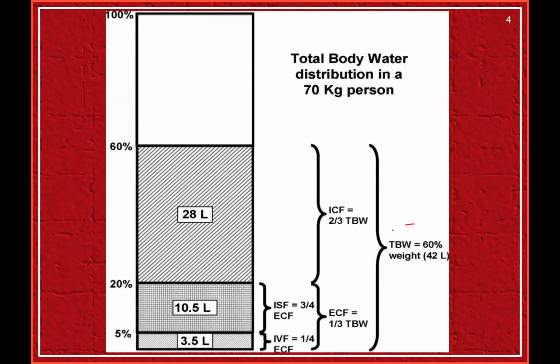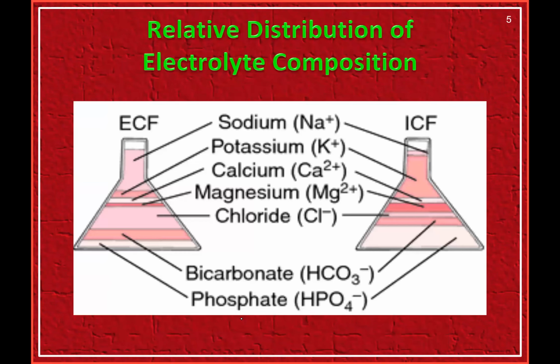Total body weight, 60%, 42 liters. And then ICF, intracellular fluid, is 2/3, around 28. And the ECF, extracellular fluid, is 1/3. And again, interstitial fluid, and the intravascular fluid is around 2.5 liters or whatever it is. Roughly, that is the proportion.